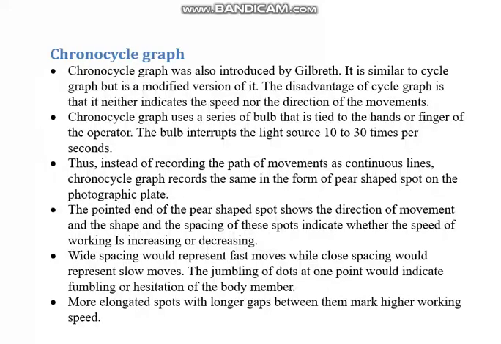So that's what we have here. Wide spacing represents fast movements and close spacing represents slow movements. If jumbling of dots at one point has taken place, it shows the fumbling or hesitation of the operator's body. More elongated spots with longer gaps between them mark higher speed.